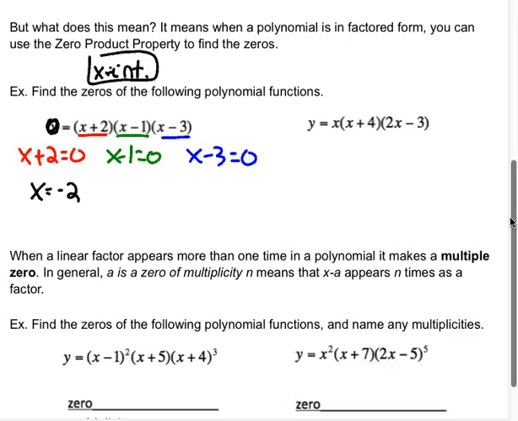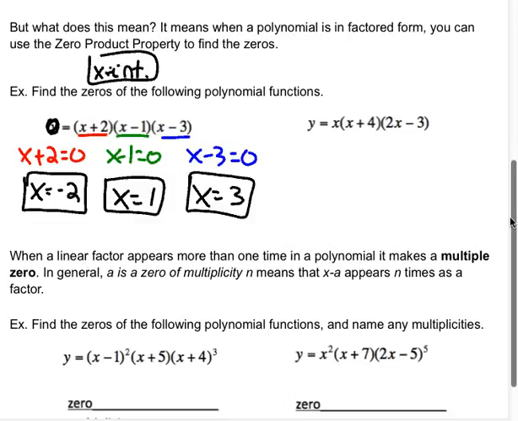Well, here, these ones are hopefully really easy for you. Okay? Most kids see this without a problem. If I'm asking for the zeros and I already give it to you in factored form even, most kids can rattle off right away, oh, -2, 1, 3, boom.